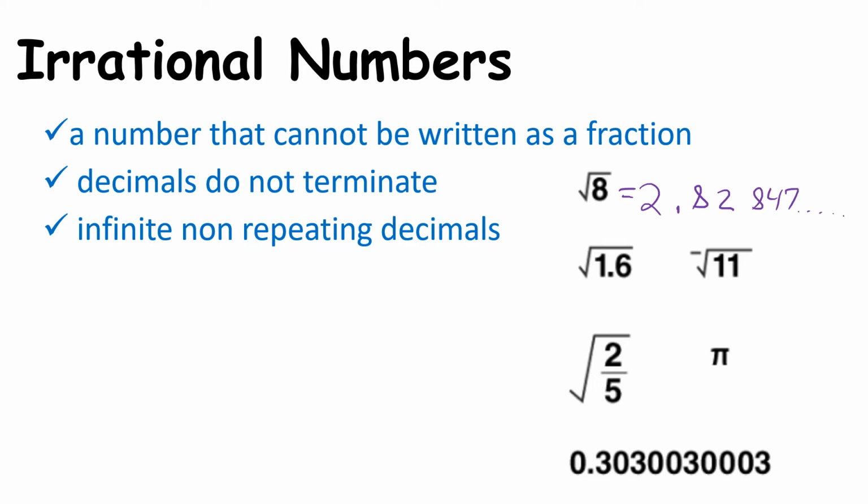So those are irrational numbers. Again, pi. And if I take the square root of 2/5, I get 0.6324. And the numbers are different. It keeps going. So again, irrational numbers is a continuous decimal that does not repeat the same number.